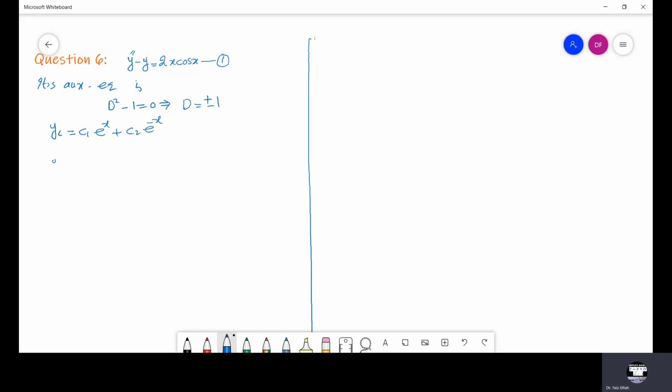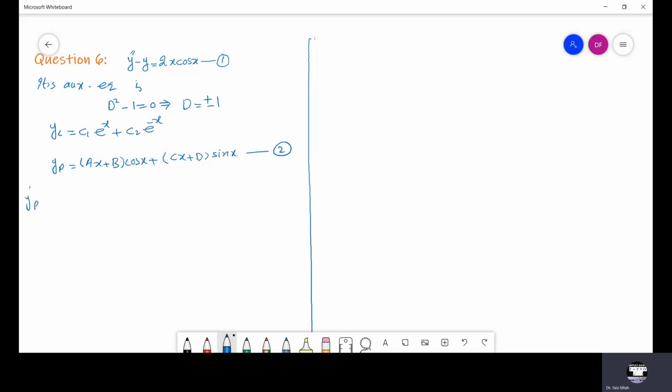Now let us find yp by using case number 6. According to that case, we have (ax plus b) cos x plus (cx plus d) sin x. Let us say this is our equation number 2. Now let us differentiate this.